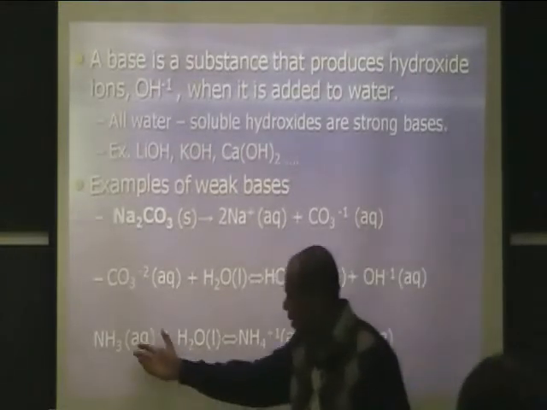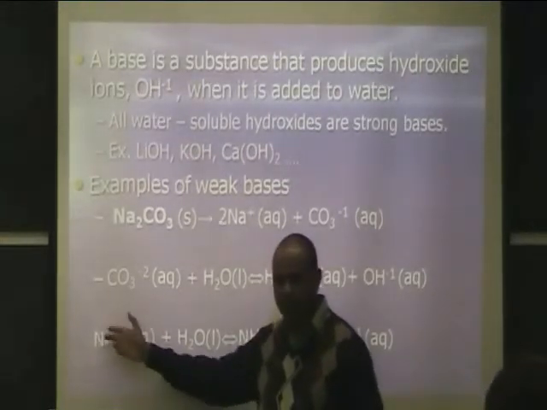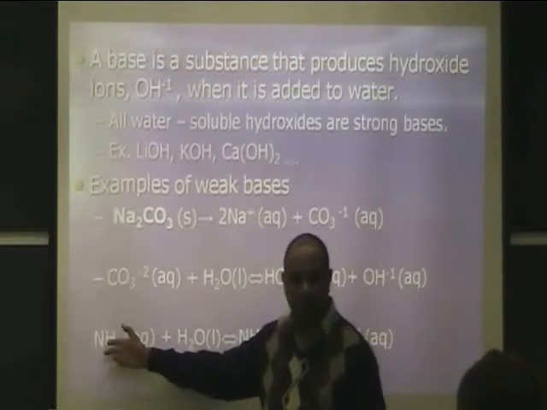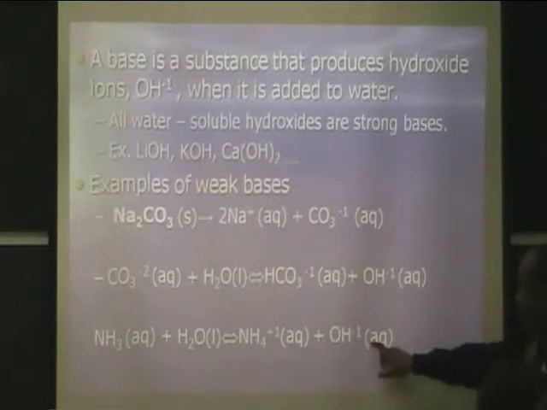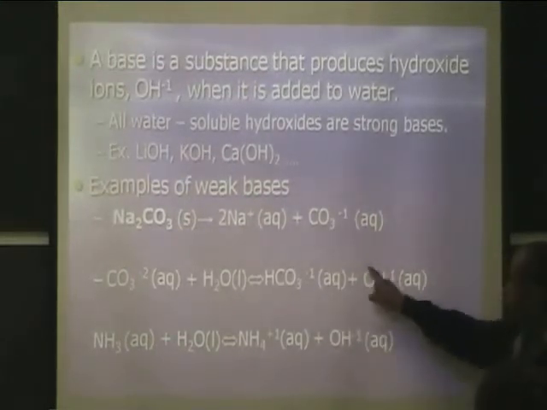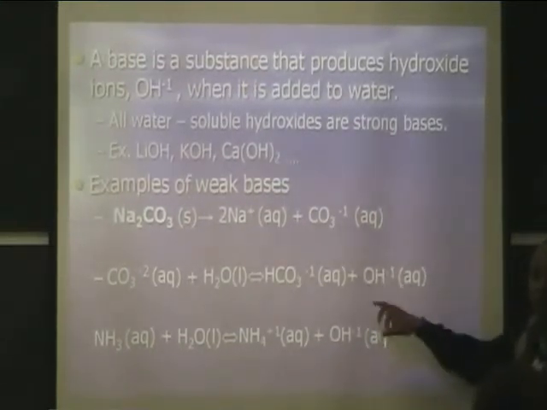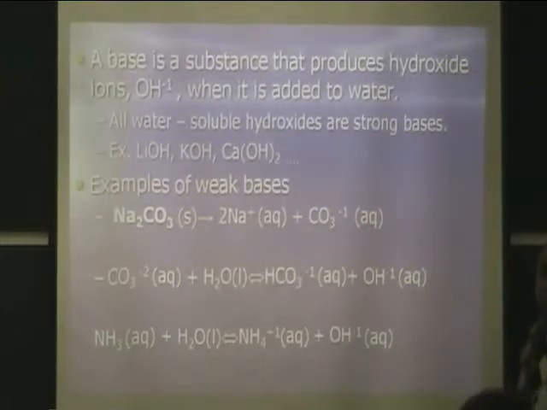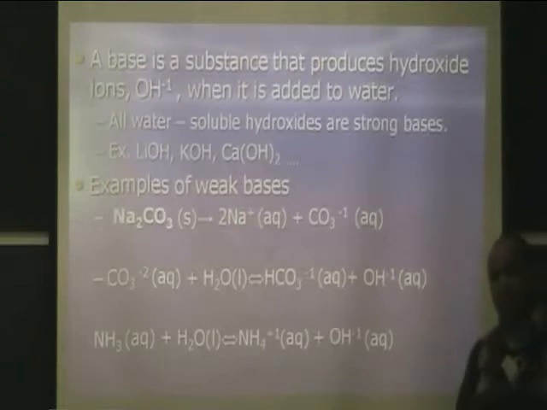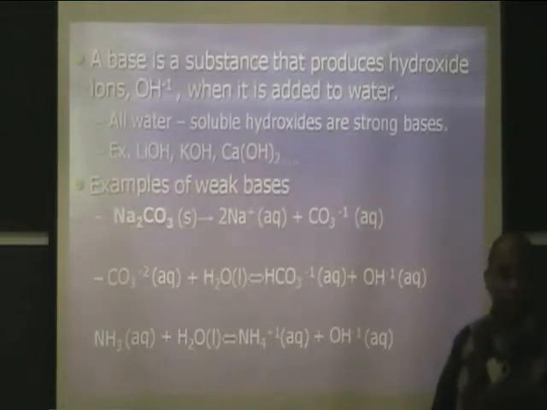You don't see ammonia, just ammonium ion. If you think about ammonia as a base, when ammonia mixes with water, it forms ammonium ion and it gives away OH. It provides OH to the water media. It contributes OH ion. We consider it a base, a weak base. What about if we take bicarbonate to the next step?